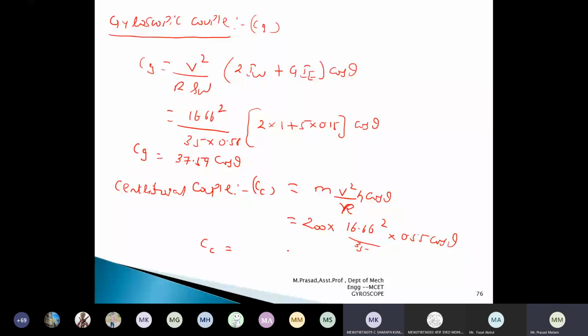872.31. So is this correct? 37.59 for gyroscopic couple. Yes, sir. Are you sure? Can anyone cross check this one?